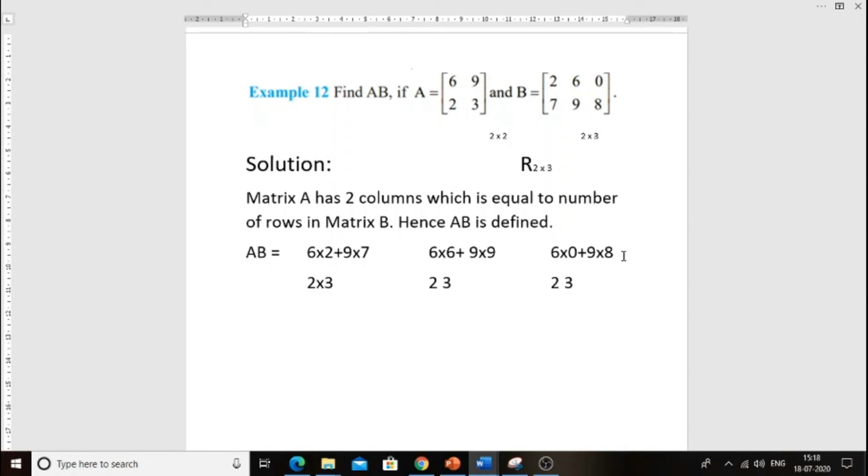It is into 2 plus into 7, right? Into 2, sorry, into 6 plus into 9 into 0 plus into 8.